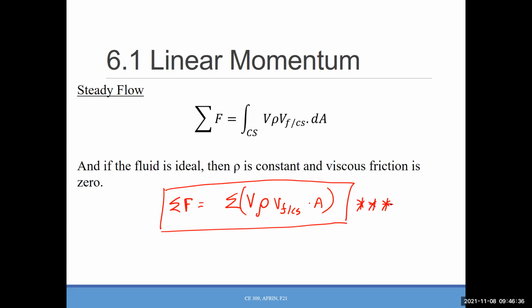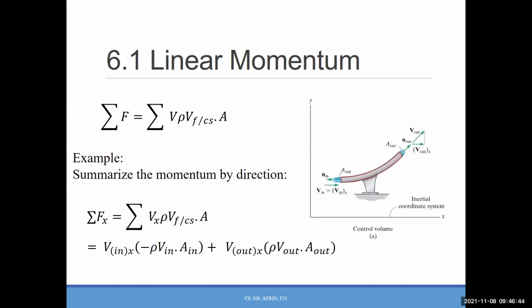Okay. So there is one example just to explain what each term can be. Okay, let's do this one first. This is a pipe through which the water is flowing. This is the inlet. You can see that. This is the outlet.